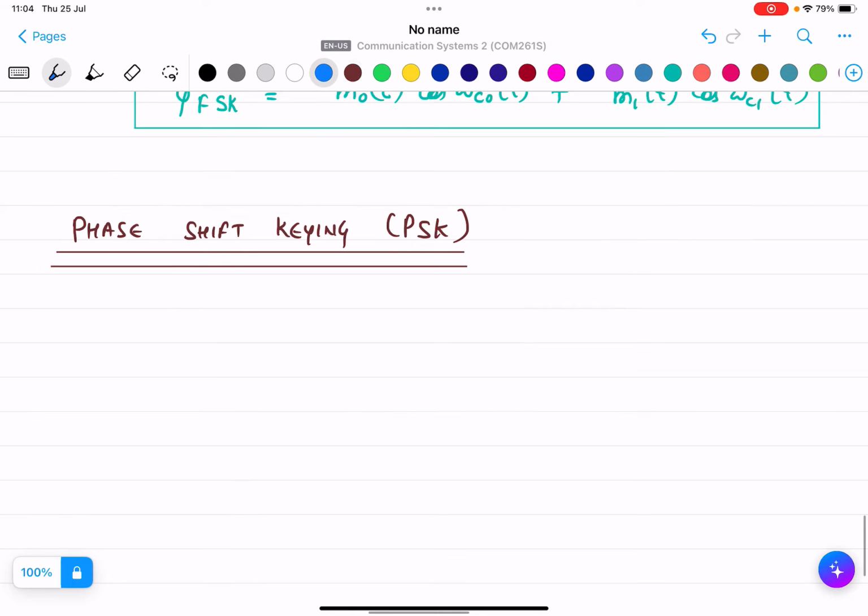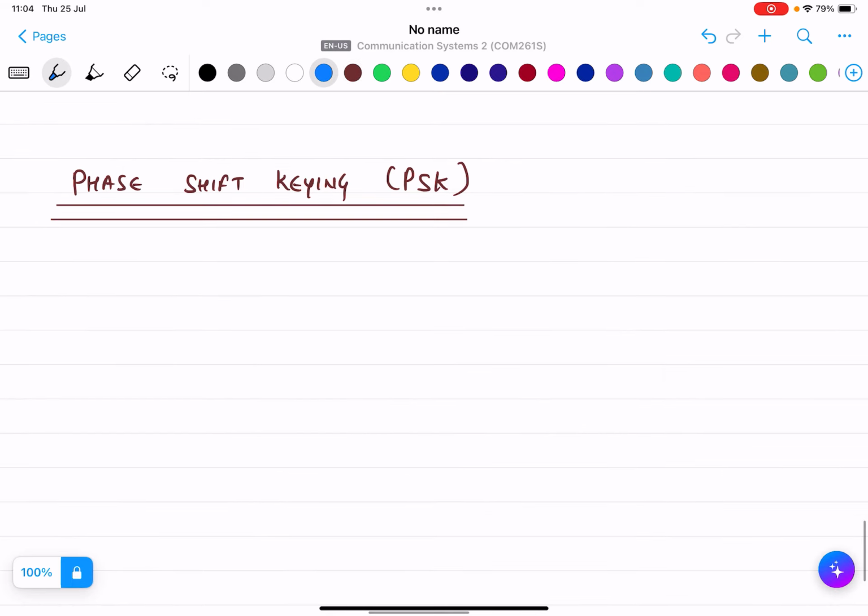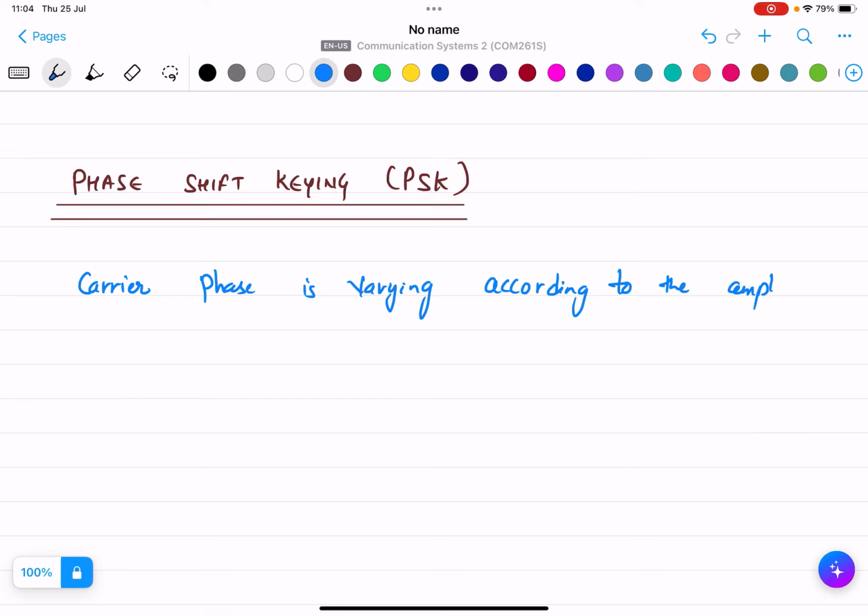So for PSK, the definition is: carrier phase is varying according to the amplitude of message signal. Now the carrier phase is varying according to the amplitude of message signal.